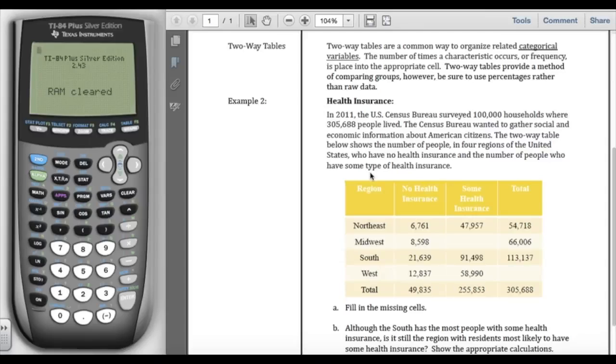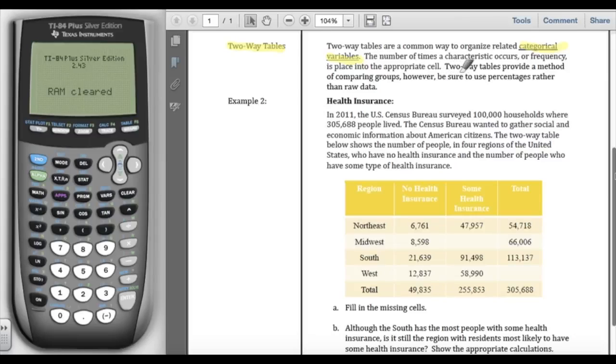What we want to look at next is a way to organize our data. And this is a big focus in the next chapter as well. But our first way to display data is going to be with two-way tables. You need to know that two-way tables are a common way to organize related categorical variables. So we're going to use two-way tables for categorical variables, not for numeric variables.